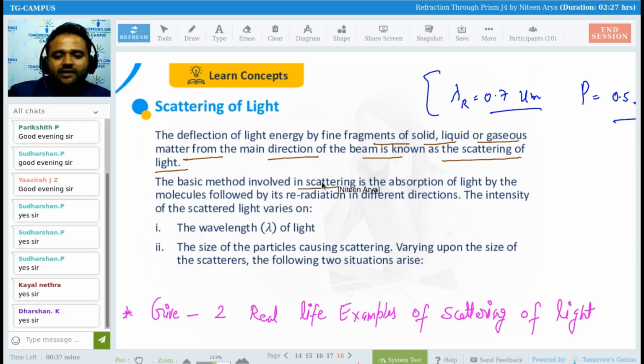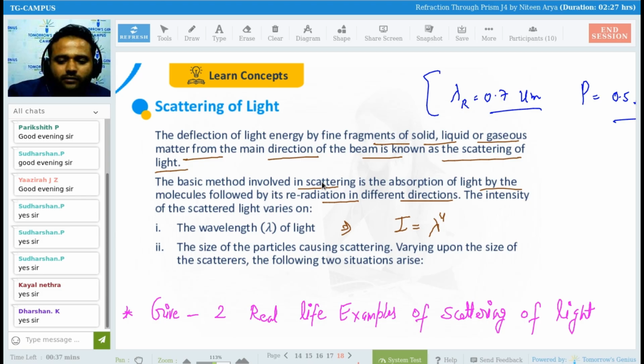The basic method involved in scattering is the absorption of light by the molecules, followed by its re-radiation in different directions. The intensity of the scattered light varies with the wavelength, and the intensity is related to Rayleigh scattering, lambda to the power 4. Okay. Intensity is inversely proportional to lambda to the power 4.